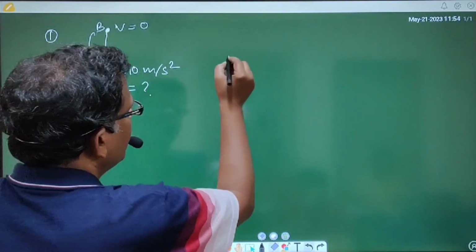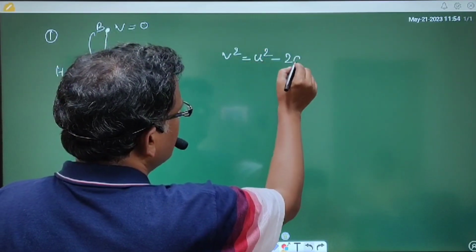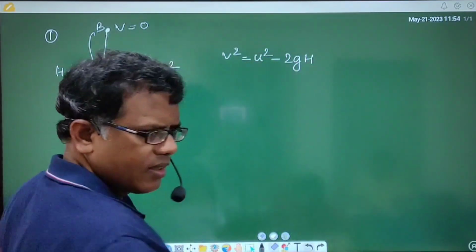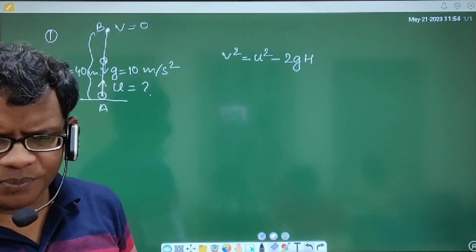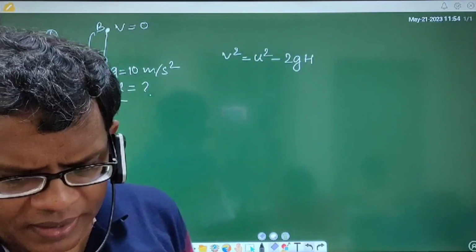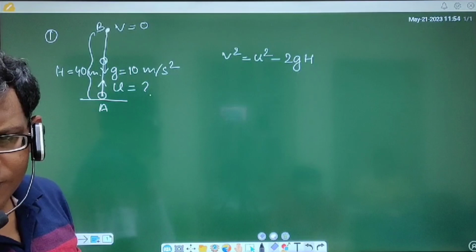So yes, can we relate V square equal to U square minus 2gH? Why am I using the minus sign? The simple reason is g is appearing downward.